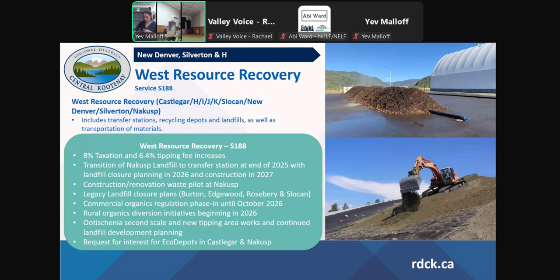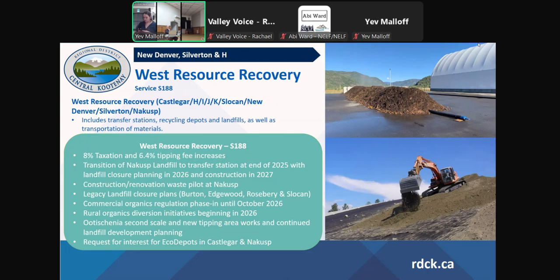West Resource Recovery, Service S188. The regional district is broken up into three different resource recovery subregions. The regional district looks after all of the landfills, transfer stations, etc. The West Service 188 starts in Castlegar, goes through areas I, J through H, and Slocan, New Denver, Silverton, all the way to the cusp.